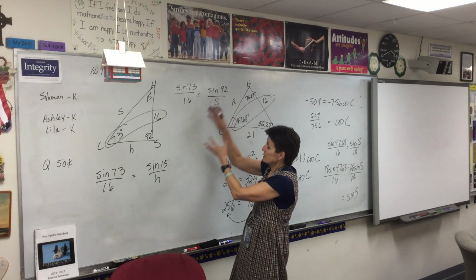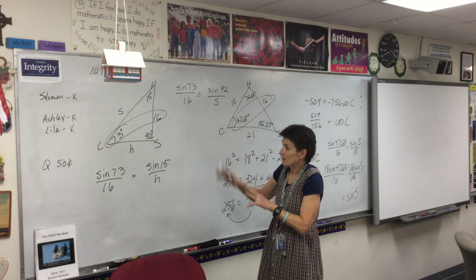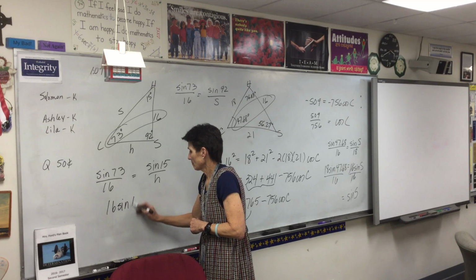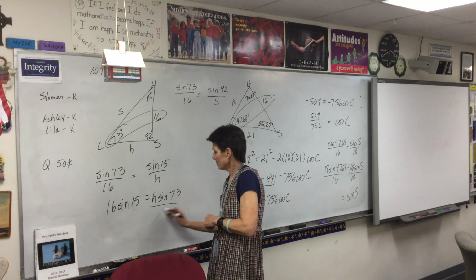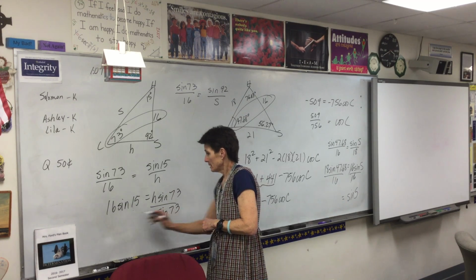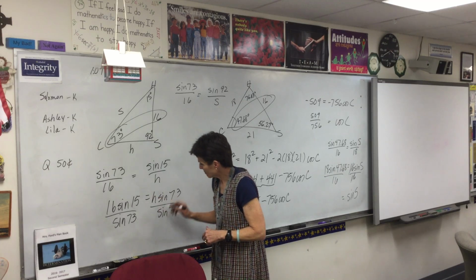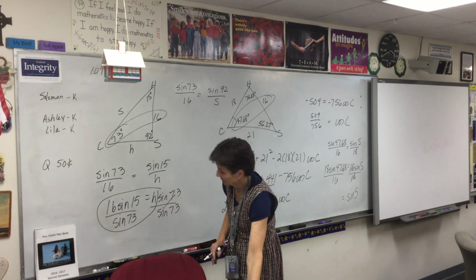I have to do both of these. And the nice thing about these is when you do your cross multiply and you divide, it is H equals. So all you have to do is type that into your calculator.